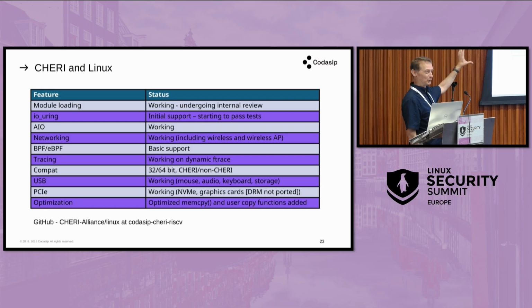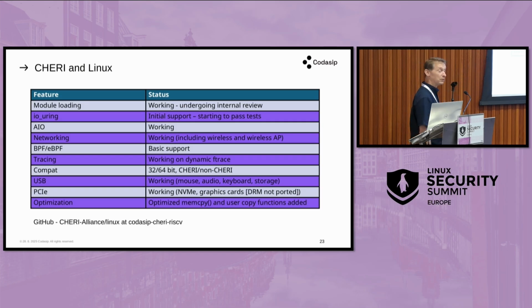So things like module loading, yep, we've got that working. Some things obviously have more complications. When we start dealing outside of exclusively within the kernel and interacting with user space and existing frameworks, then we have to think about how we're going to deal with the change in the ABIs between capabilities and what were just unsigned longs previously.